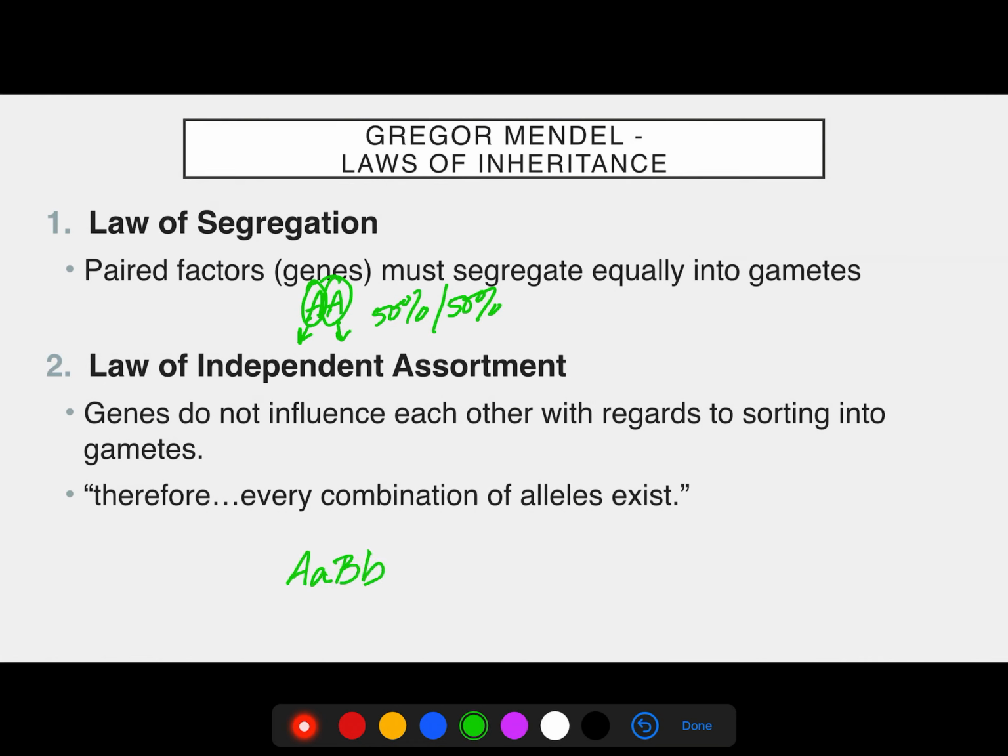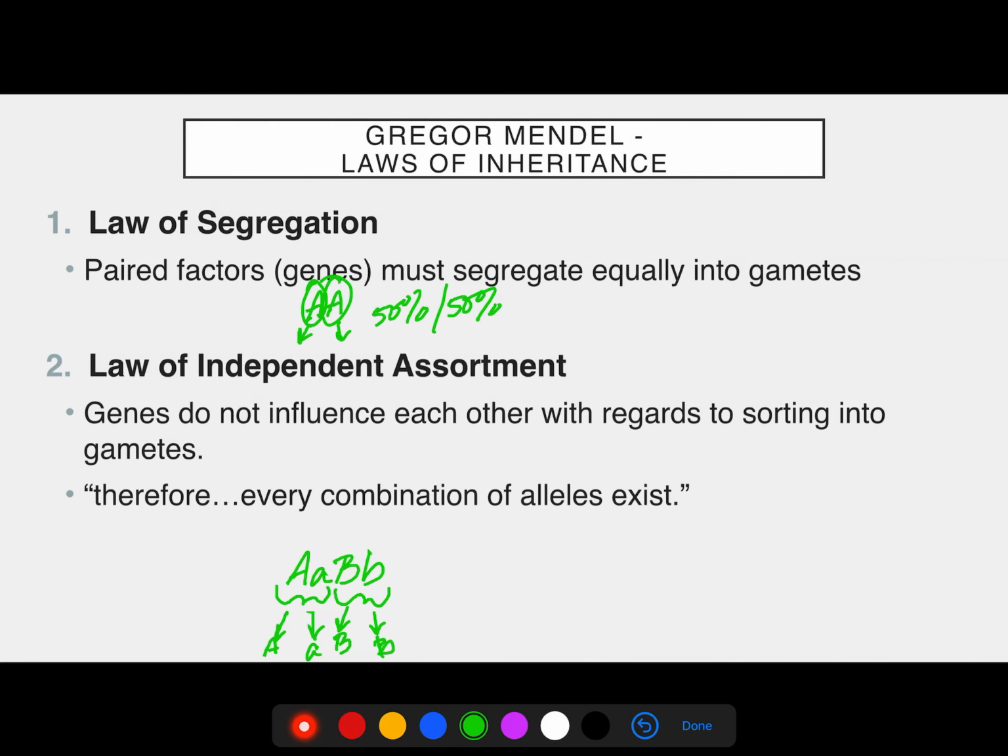So say I had this genotype, and I know that the genes that A's refer to and the genes that B's refer to have no bearing on one another. So if I pass on capital A or lowercase a to an offspring, that will not dictate whether they get capital B or lowercase b.